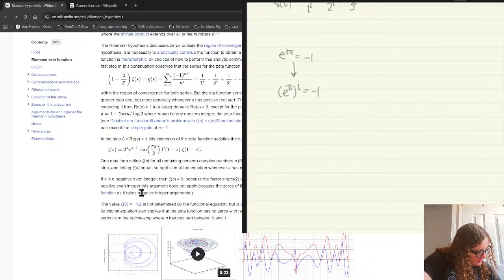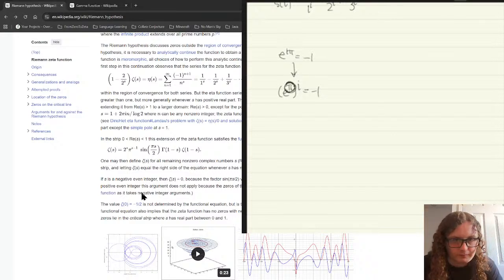E to the pi to the I, negative 1. Oh, right. Okay. So if we want to change the base, all we got to do is change the power here.